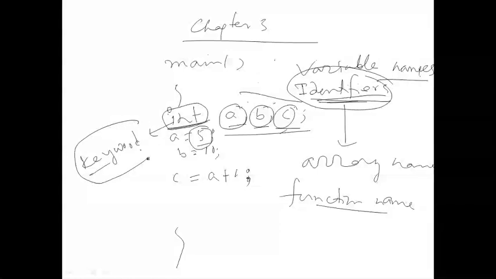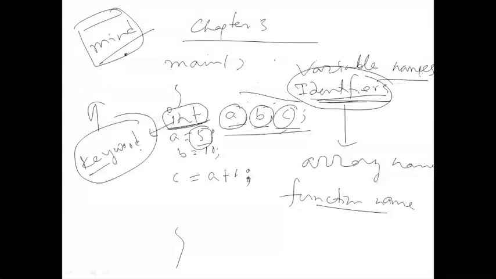Now this is the keyword. In C++ we have many keywords like int, float, char, and we have if, else, for. These individual words are called keywords. The meaning of a keyword is that these are words which are already there in the compiler's mind, meaning the compiler's library.